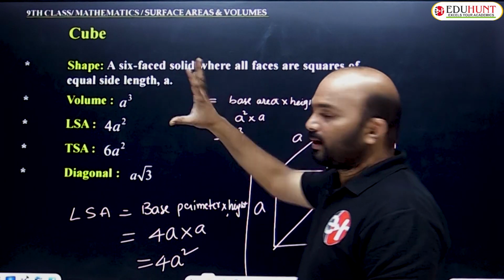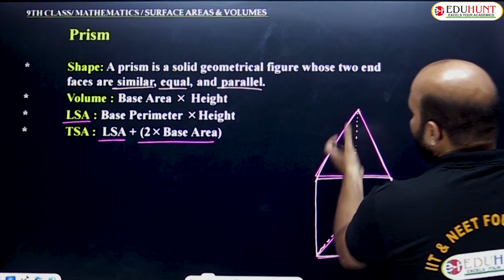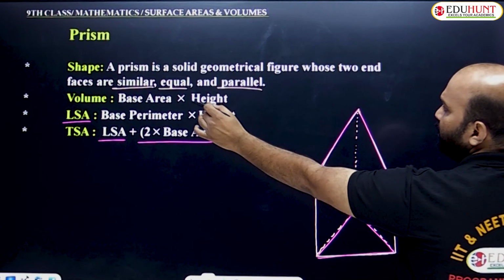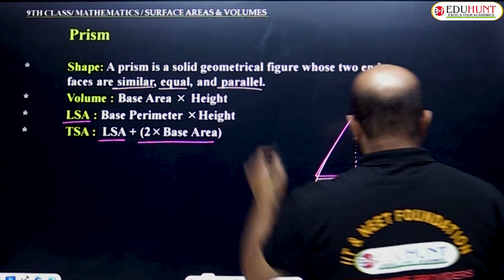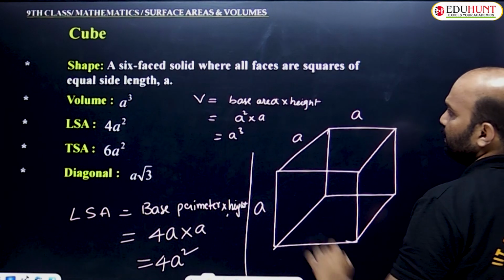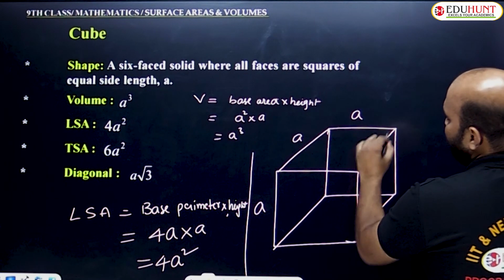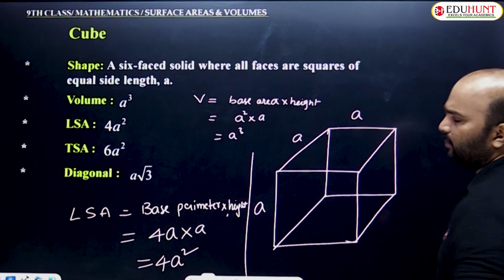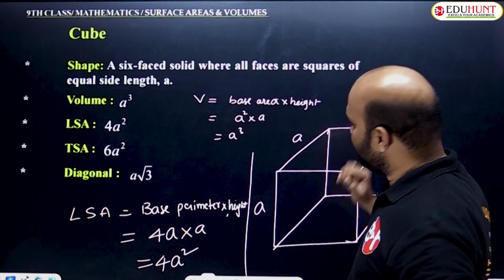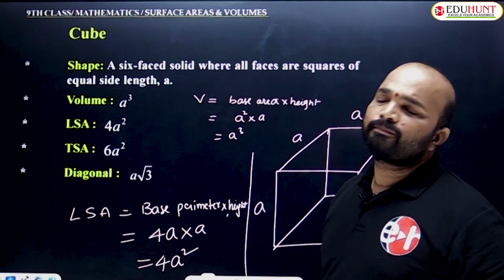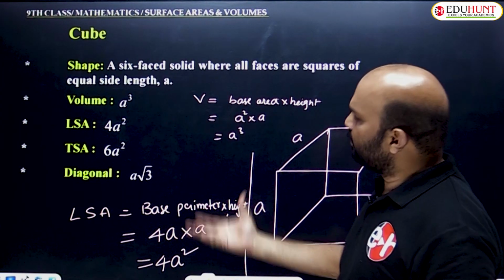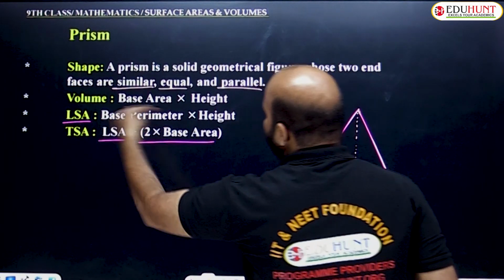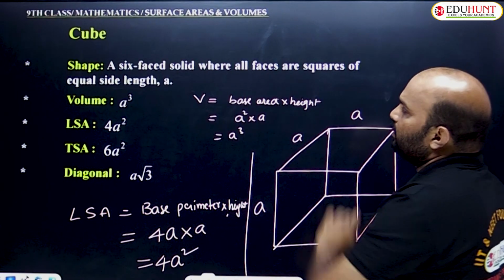A cube is also one type of prism: the upper surface and lower surface are the same shapes, similar, equal and parallel. In a cube both are squares, identical. So a cube is also a prism, and the prism formulas apply to the cube.